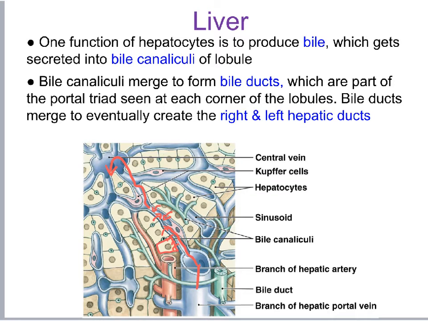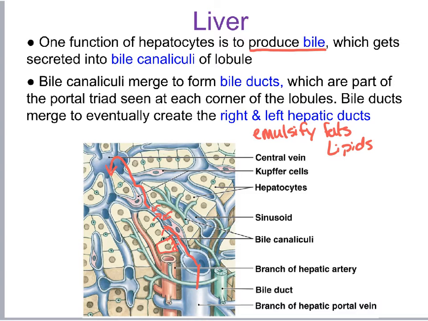Another main function of the liver is to produce bile. And bile is a product that helps to emulsify fats, or you could say lipids. Emulsify means to essentially dissolve or break down.